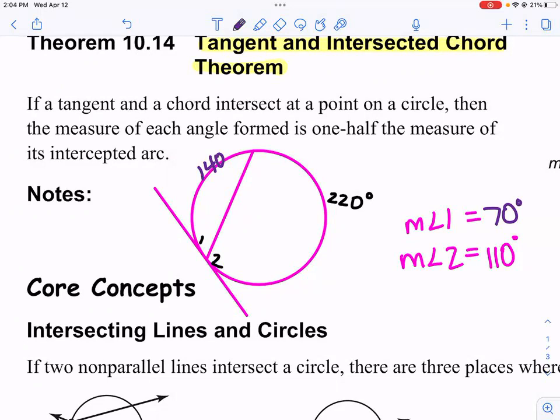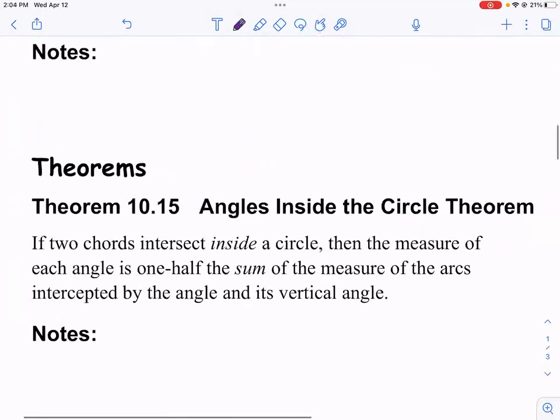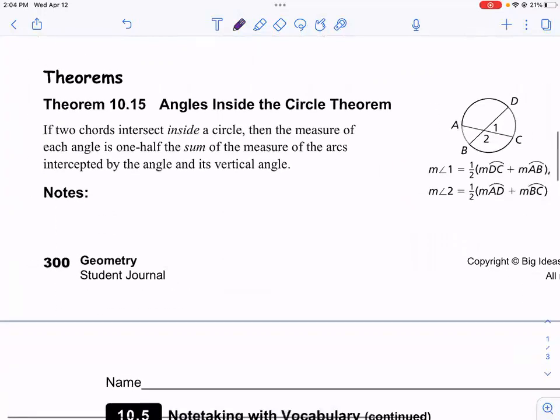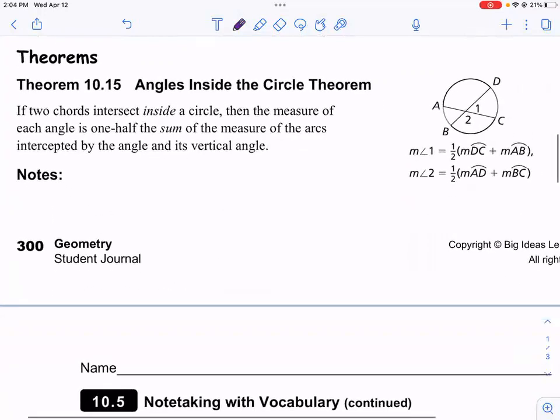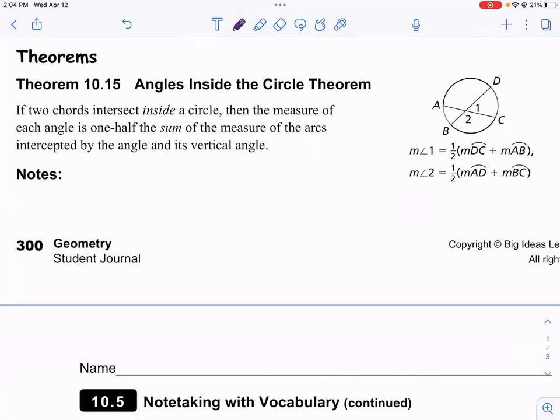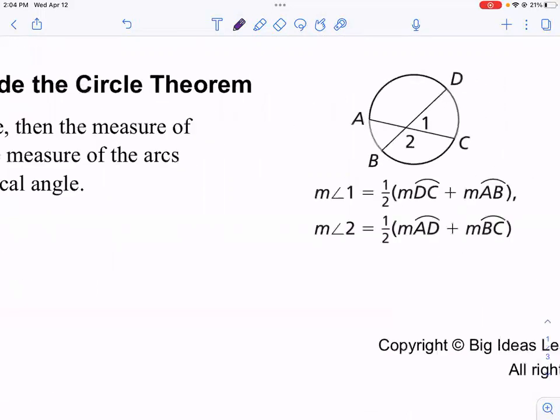Okay, now here's where it gets fun. If we have an angle inside of our circle, then we are going to take half of the sum of the intercepted arcs. So let me just show you what that means.